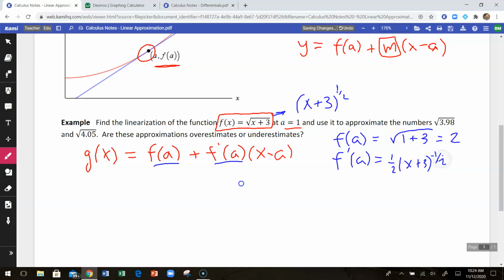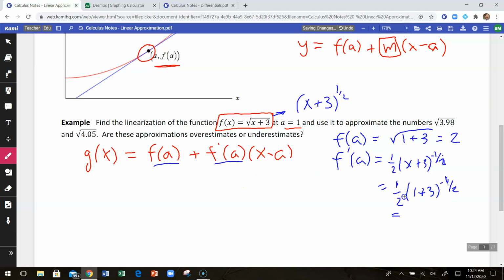But then I'm going to evaluate that at 1 because a is 1. So that's going to be 1/2 times 1 plus 3 to the negative 1/2 power, which if you evaluate that, that's going to be 1/2 times 4 to the negative 1/2. The square root of 4 is 2, to the negative first would be 1/2.